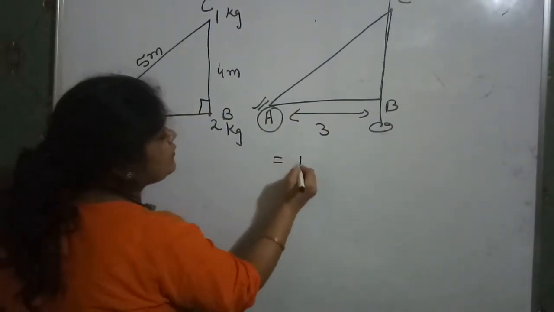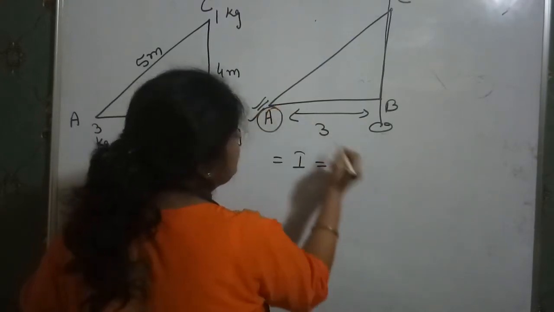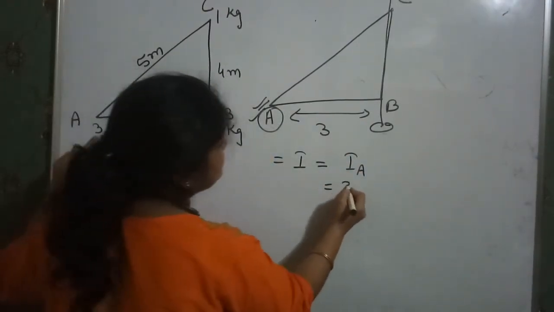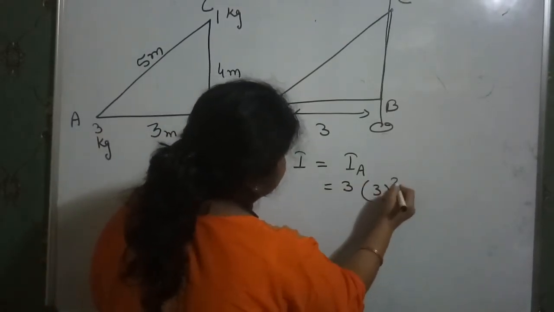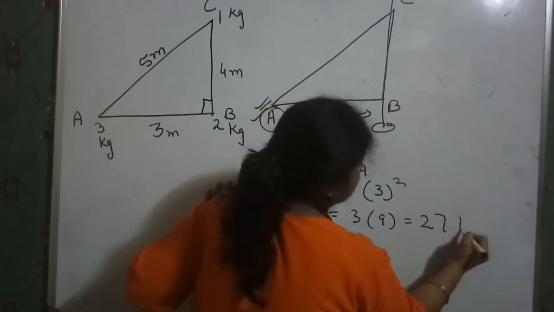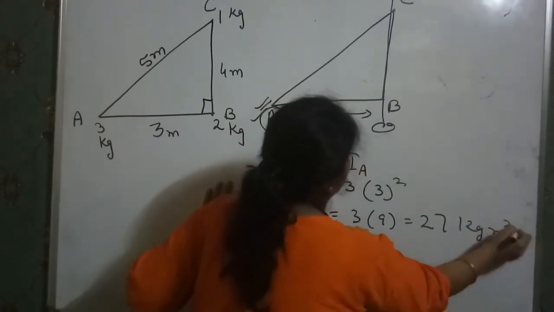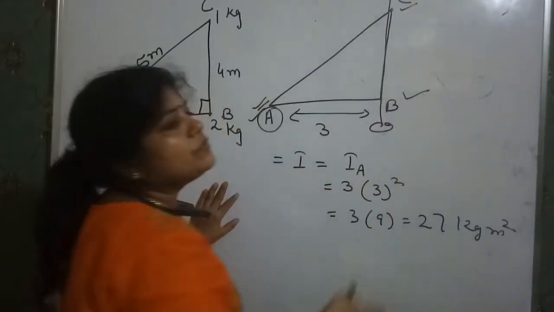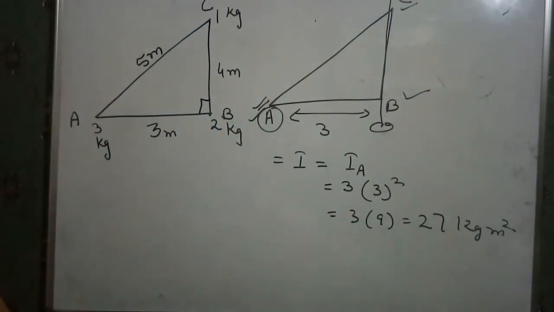So overall moment of inertia is what? Mass of A is 3 kg and 3 squared. So we have 3 into 9, that is 27 kilogram meter square. We just leave B and C because the axis of rotation goes along B and C points.